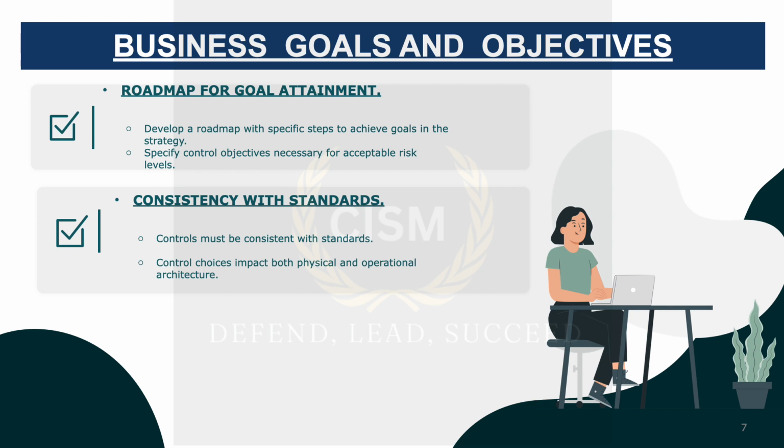Friends, control choices, whether in the physical or operational architecture, have a profound impact on the overall security posture of an organization. Right? Friends, aligning with the standards enhances interoperability, resilience, and the organization's ability to demonstrate compliance with the industry norms.